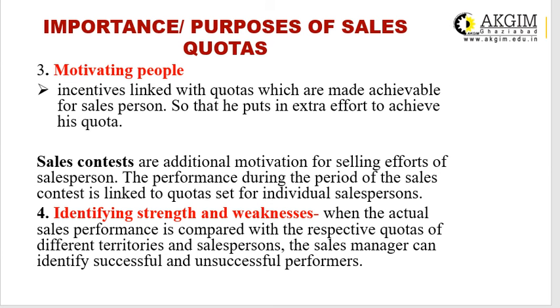When he compares the actual sales performance with the respective quotas of different territories, the sales manager can identify the successful and the unsuccessful performers, and he can identify what type of training should be given so that the performance can be up to the mark.